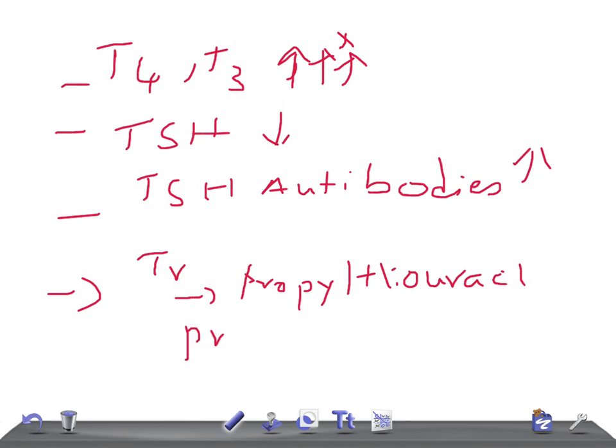Propranolol can be given to minimize the tachycardia. If it doesn't subside, then you can go ahead with thyroidectomy. One important complication of thyroidectomy is that you can remove the parathyroid gland along with the thyroid, so they can have hypoparathyroidism because of that. That's really very important.